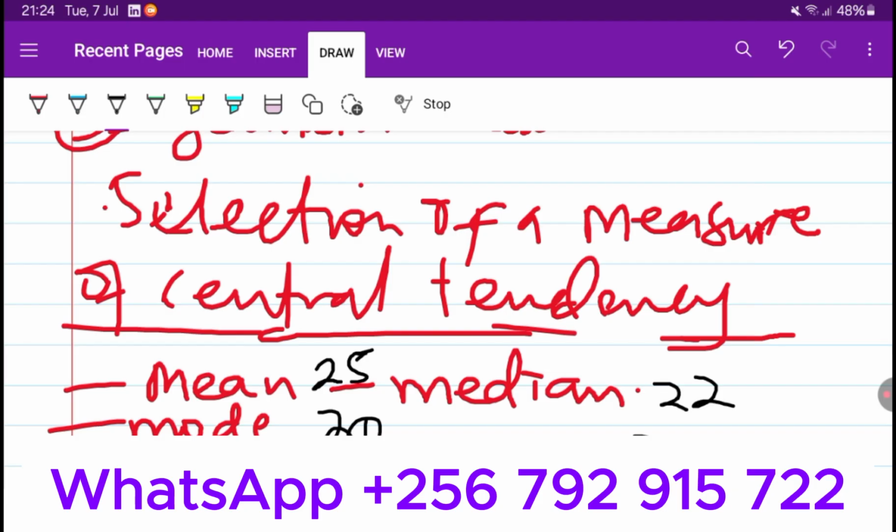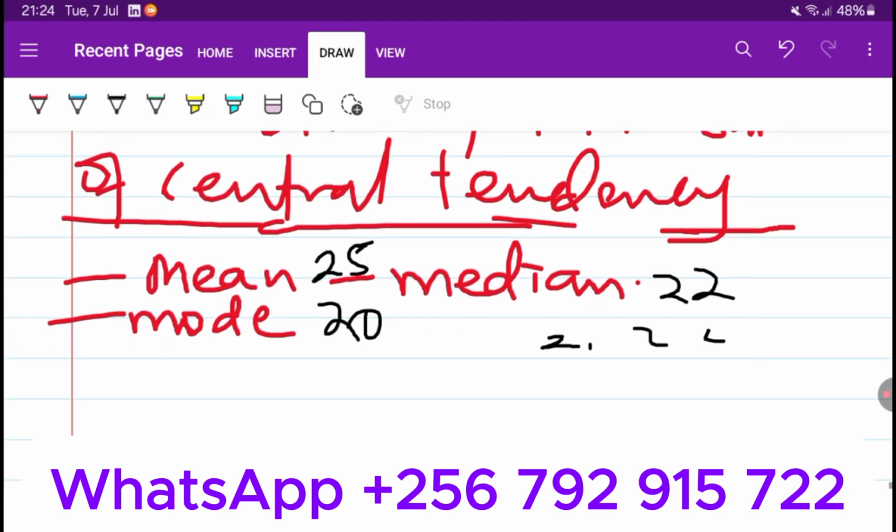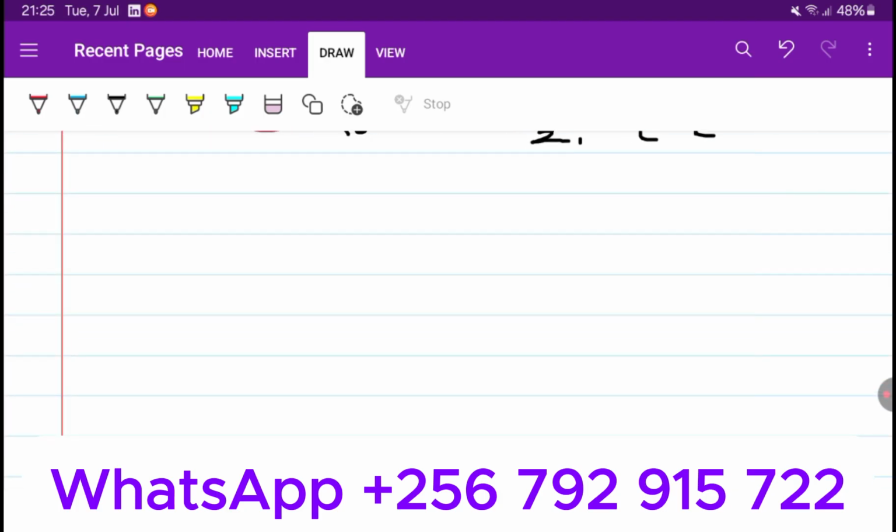And how are you going to know? Of course, you look at these key factors. These are very important. You look at the type of the variable, the type of the variables that you have. Either you have a discrete or you have a continuous distribution.